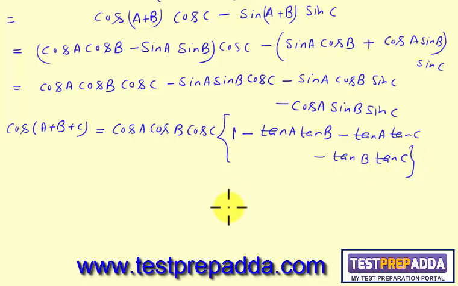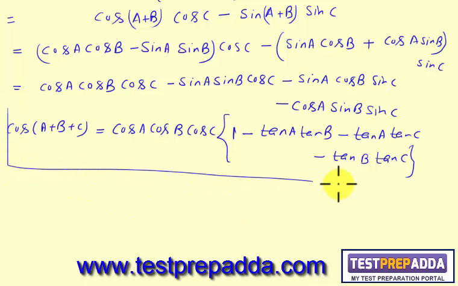So we have got cos A plus B plus C as cos A cos B cos C in the bracket 1 minus tan A tan B minus tan B tan C minus tan C tan A. Okay. This is another interesting identity.